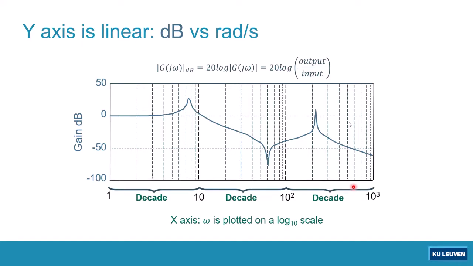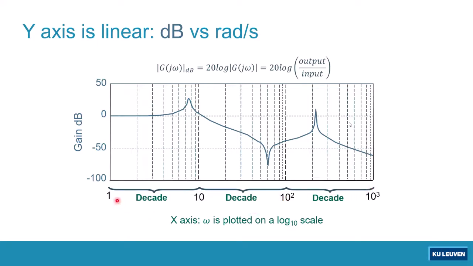The common practice is radians per second, and if you look at it carefully, the frequency scale is logarithmic. From 1 to 10, for 1 decade, the scale is the same as from 10 to 100, and also from 100 to 1000.